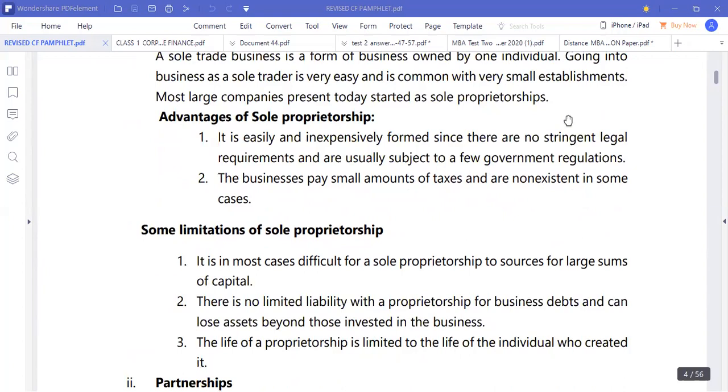The only limitation is that it has unlimited liability, meaning the individual's own personal assets may be touched in case of a liability. The disadvantage that sole proprietorship has is that accessing loan capital is so elusive and so dependent on a few individuals and family members.